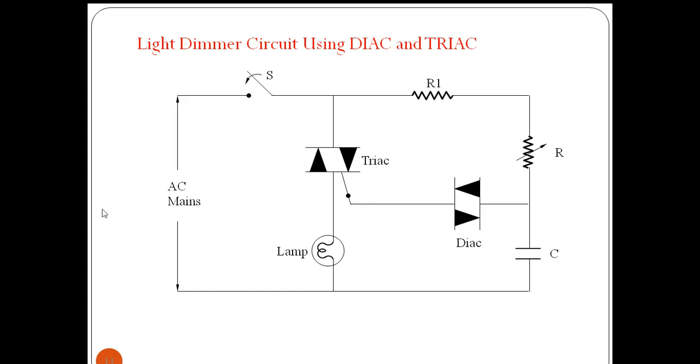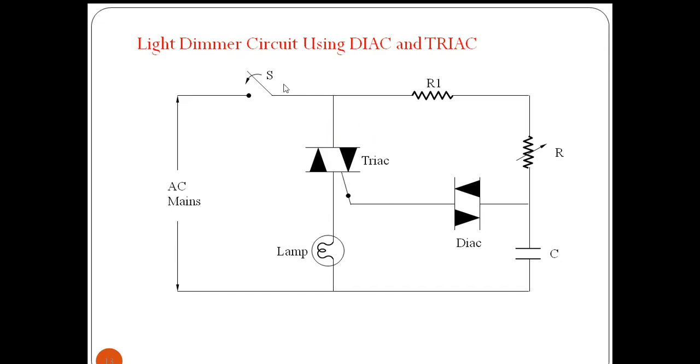Whenever the supply is present and we close the switch, the triac will be forward biased, during both the positive half cycle and the negative half cycle. The triac is forward biased, but it is not conducting.